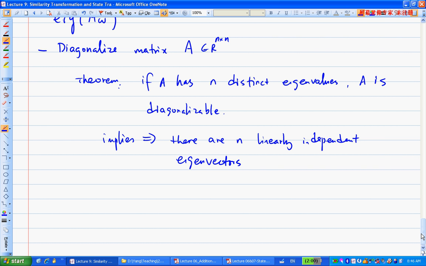So this brings us to the next question: what's an eigenvalue, what's an eigenvector, and what's the relationship between them? Let's assume that A has z_i, for i equal to 1, 2, up to n, distinct poles or eigenvalues.